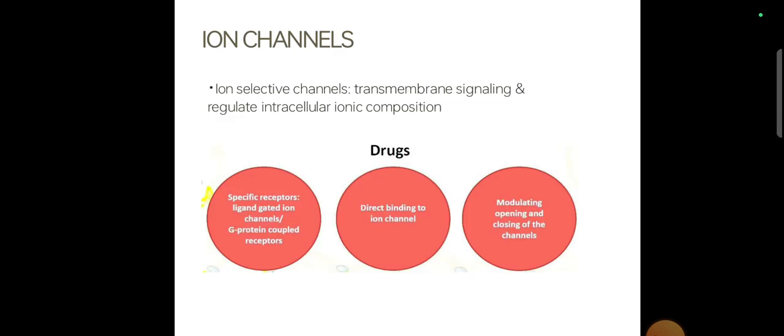Action by ion channels: ion selective channels carry transmembrane signaling and regulate intracellular ionic composition. Specific receptors, ligand-gated ion channels and G protein coupled receptors, act by directly binding to the ion channel and modulating or stimulating opening and closing of the channels.